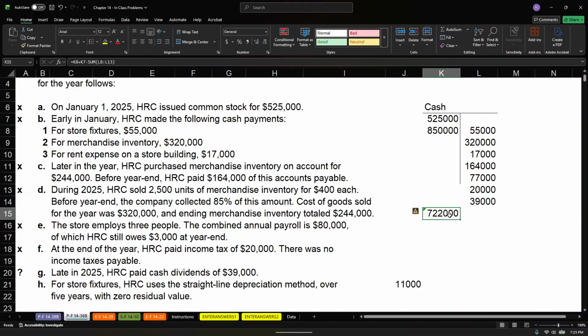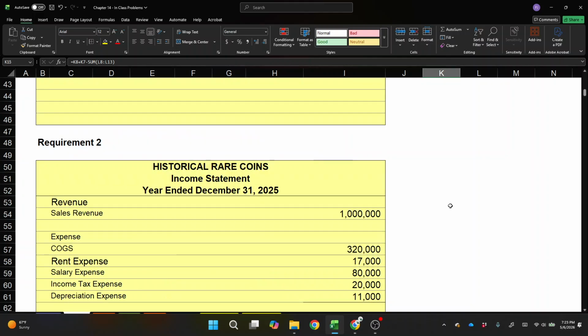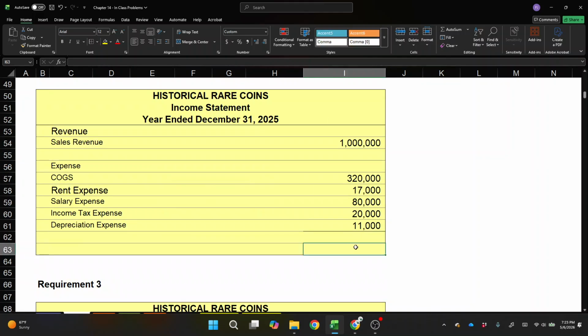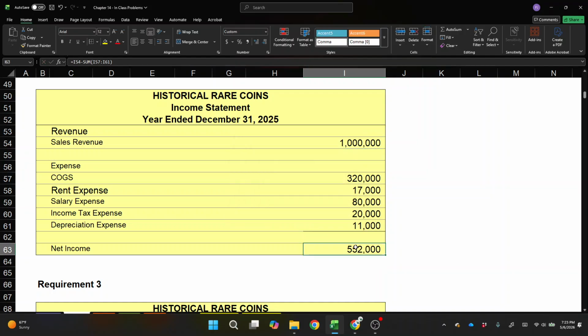Actually, how much is this off by? Okay, well let's continue. This is wrong. There's something that we're missing, but let's just see where we went wrong. Okay, so net income is equal to revenue minus the sum of all of this. So that's correct.